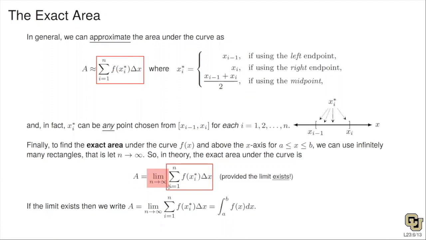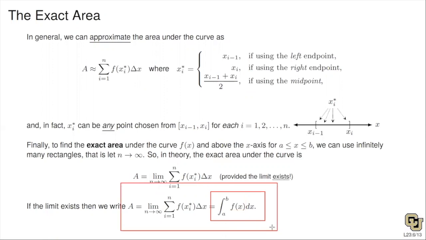So we take the limit of the approximation for more and more rectangles. And if the approximation using more and more rectangles starts to converge, starts to approach one finite number, then we say, aha, we found the limit of the region below the curve. And we use this special notation to indicate the exact area of the region below the curve. So I will talk more about this limit today.